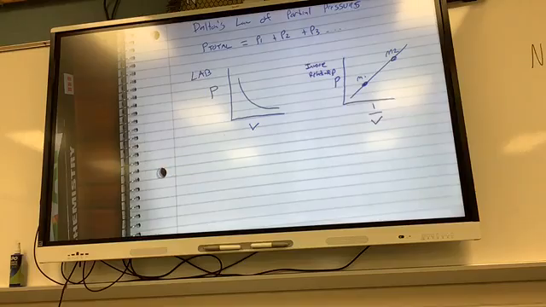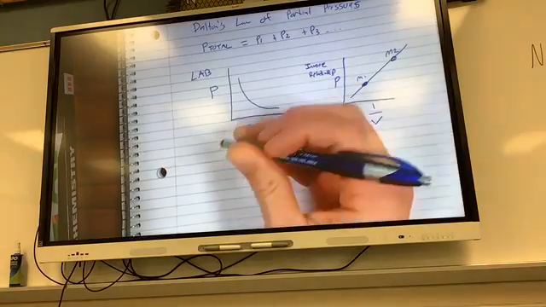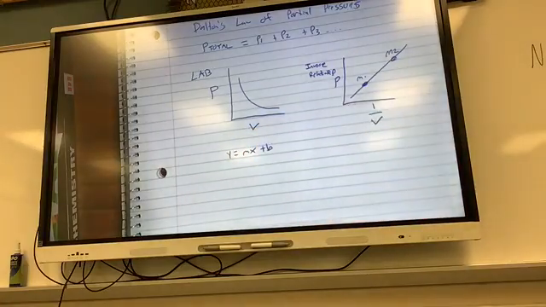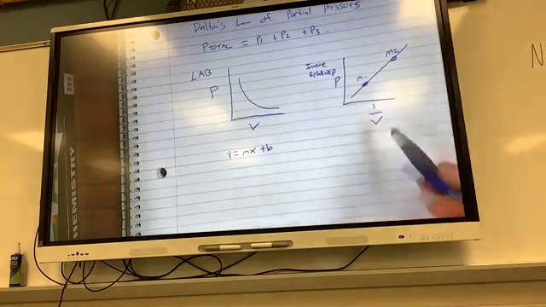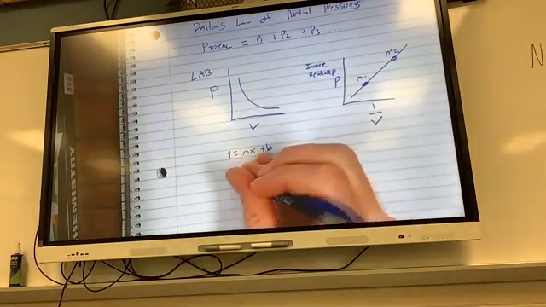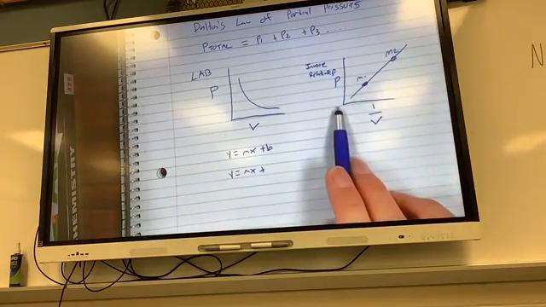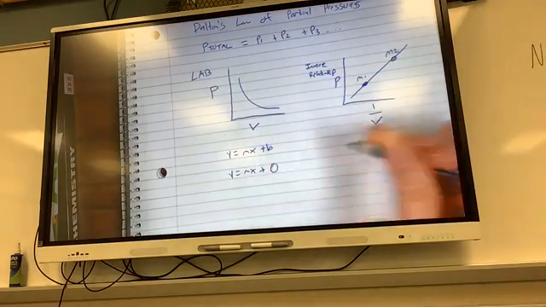I can calculate the slope of it. So we know that y equals mx plus b. On this one, this would be y equals mx plus what? What's my y-intercept? 0.